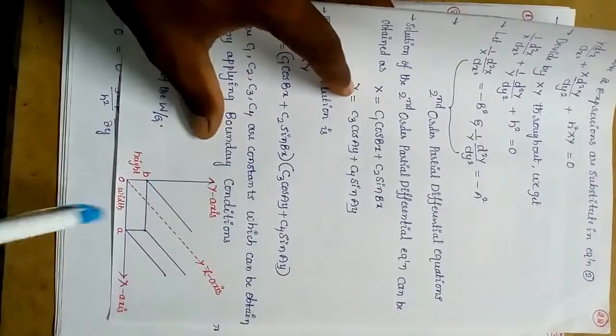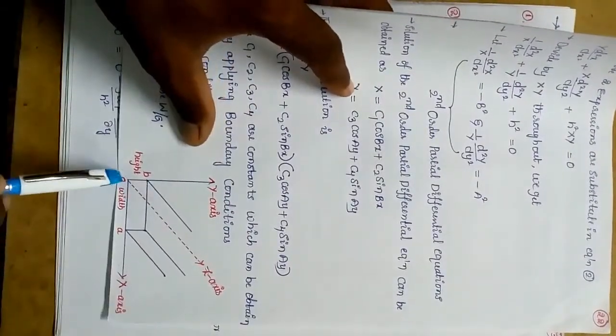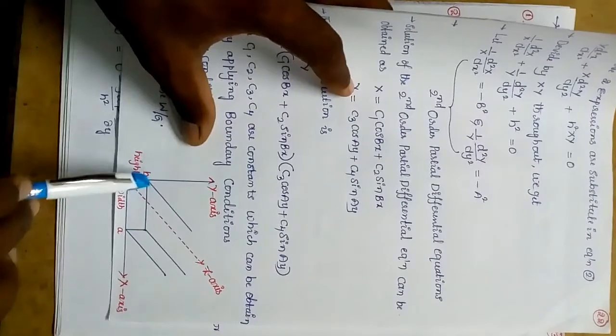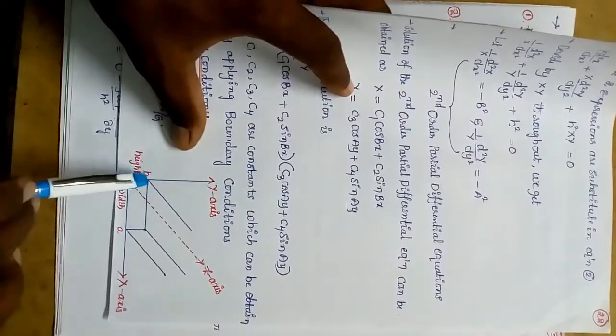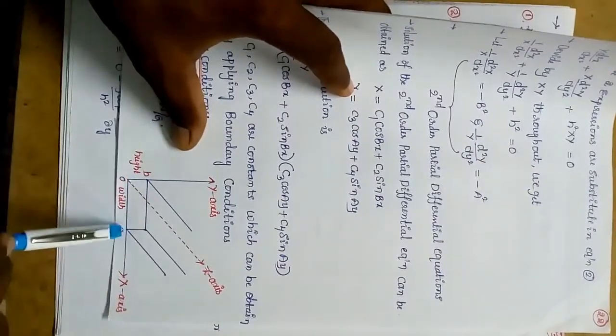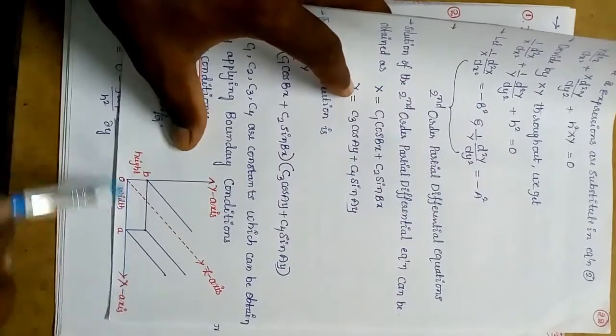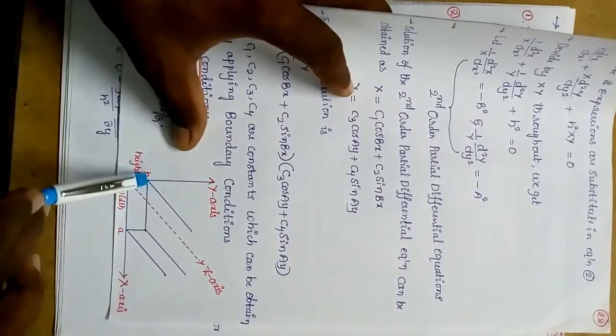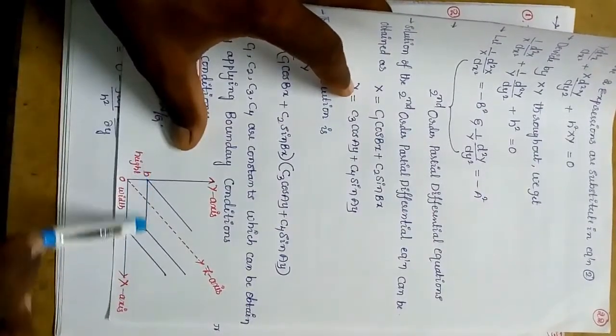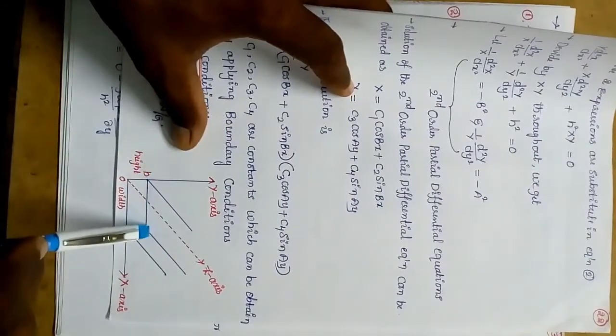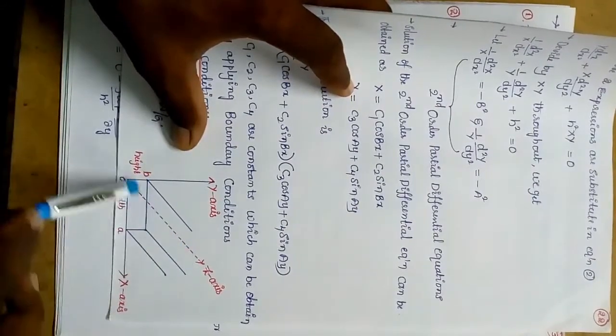Just see here, Ex is not present here, so Ex only 0 to a along x, up to x, that should be present, but here Ex is not there. Why? Because for the top wall Ex is equal to 0, and for the top wall Ez is also 0. Why?